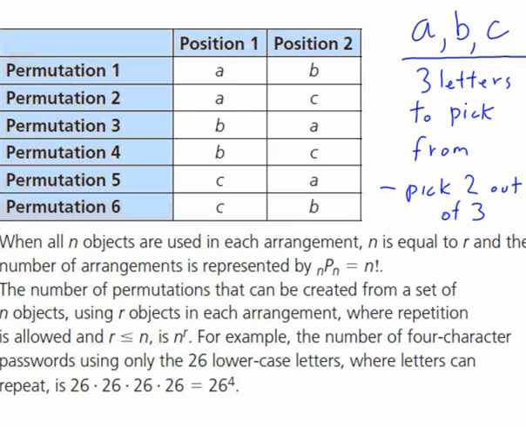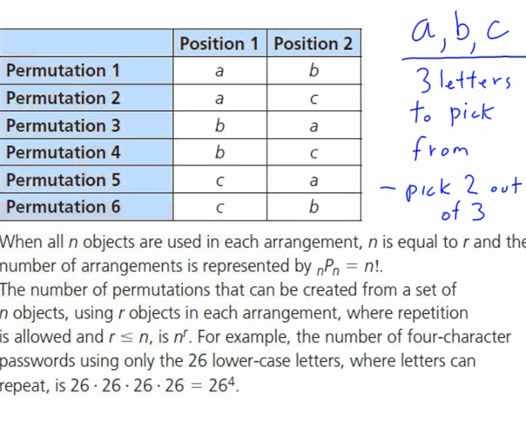3p2 is 6. We just worked it out. And here we're showing all 6 in a row. If you had 3 letters to begin with, and you're picking 2, you could have had A and B. You could have had A and C. You could have had B and A. B and A is different than A and B. These are in different positions.